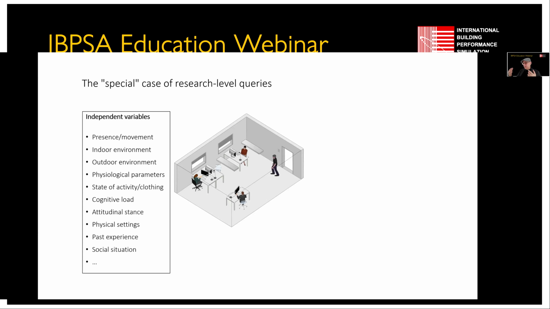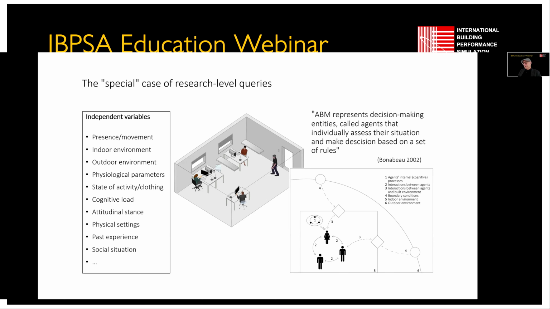Maybe in terms of behavior modeling, we need to look at the psychological and physiological aspects and the cognitive load of people and social interactions. In that case, it would be not only appropriate, but maybe indispensable that we look at formalisms such as agent-based modeling, which requires real-time interaction and a lot of data. But you use that not for routine applications, but in order to address some very specific research queries.